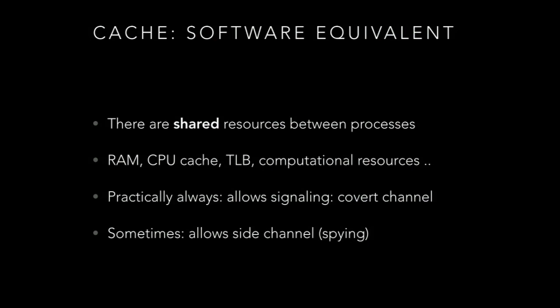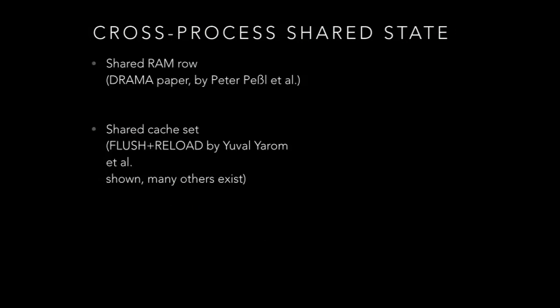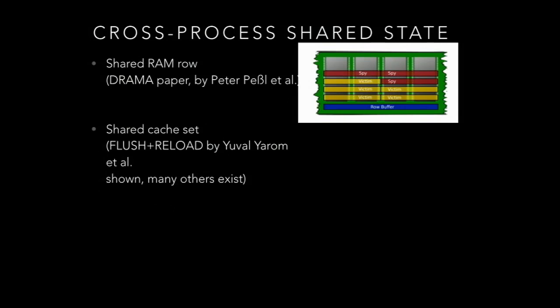Depending on what you observe, you see that the other party that's also seeing this resource is sending you a message. We call that a covert channel. Sometimes that also allows for leaking information that the other party is not cooperating with, and these things could be secret. We call that a side channel. An example of this is that you might share a row in RAM.